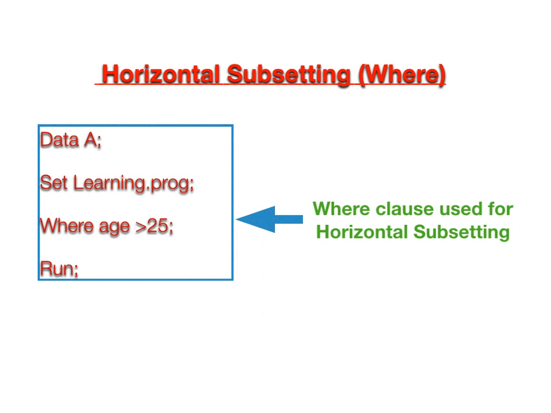So if I am saying where age greater than 25, I will have all the rows where the condition age greater than 25 is satisfied. Now the question is, if the output is the same, if the syntax is almost the same, then what is the difference? I'll tell you the difference in the next slide.